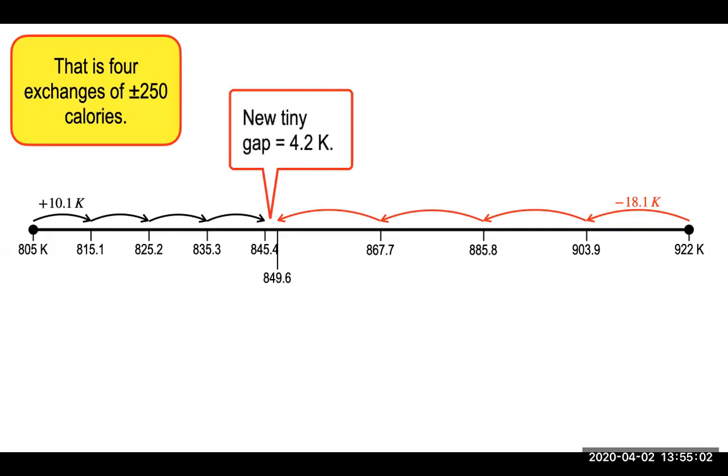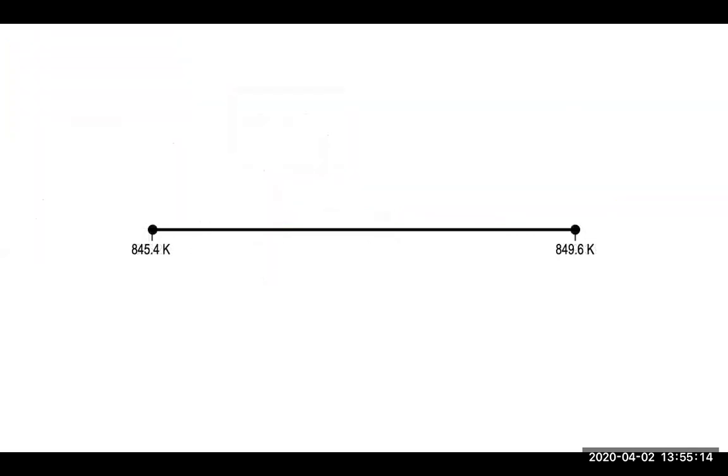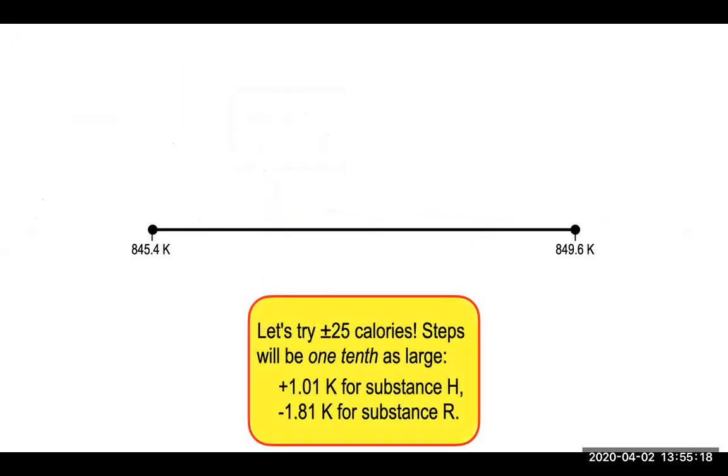We have a little gap there, 4.2. Now our plus 10.1s and our minus 18.1s are too big for that gap. So what we can do is try a slightly different delta Q one time. An easy one is to take whatever you used the first time, divide it by 10.